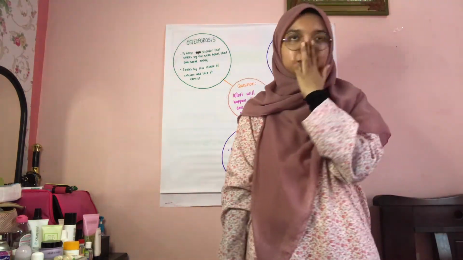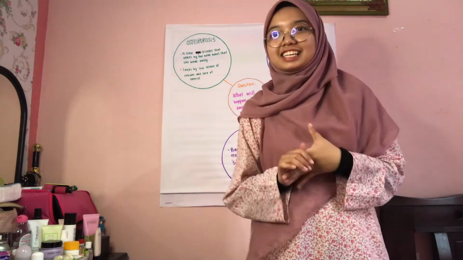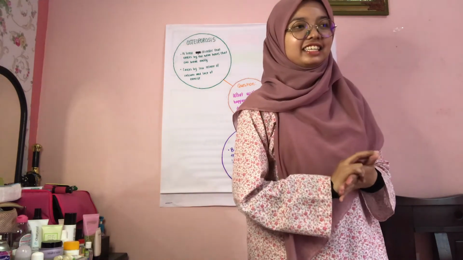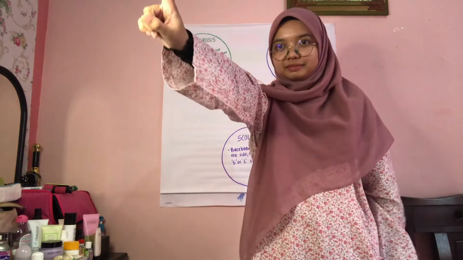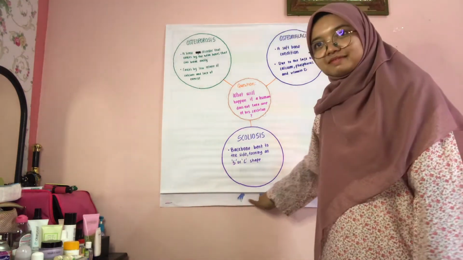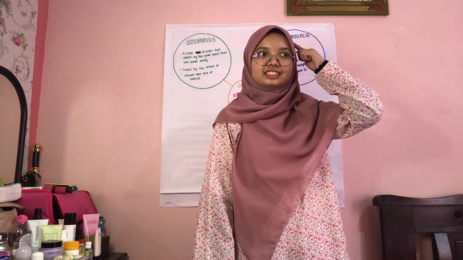So I think that's it for our class today. But as a conclusion for today's class, I want to ask you guys, can you guys tell me what we learned today? The first one. Skeleton. Okay, what is the name of this part? Skull.